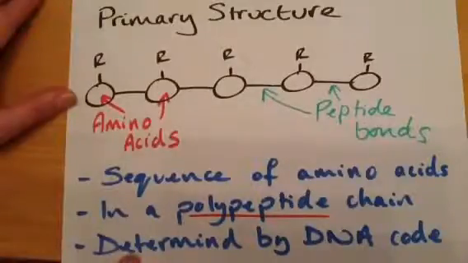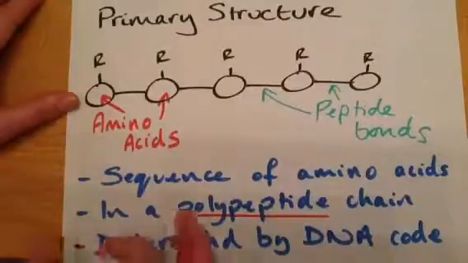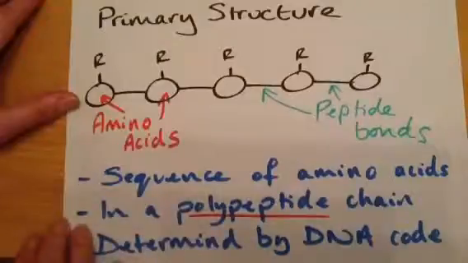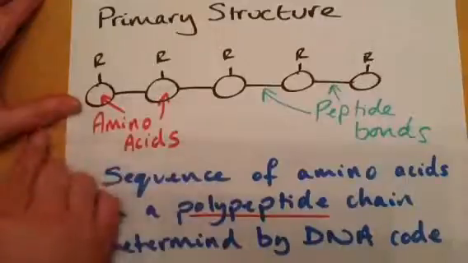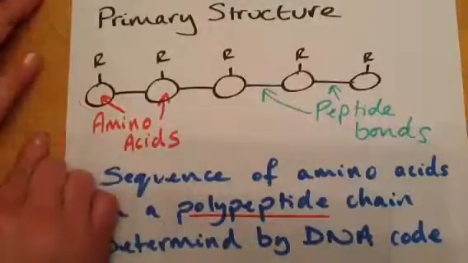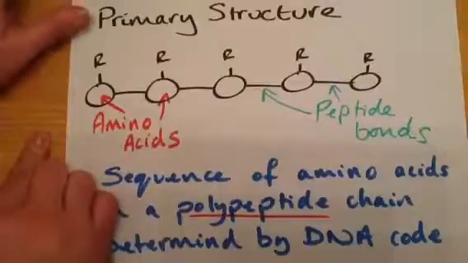And all of this is determined by the DNA code. So if you remember, DNA can be read in small sections called genes, and we have a general knowledge that one gene codes for one protein or one polypeptide. It's probably what you've heard at GCSE so far.